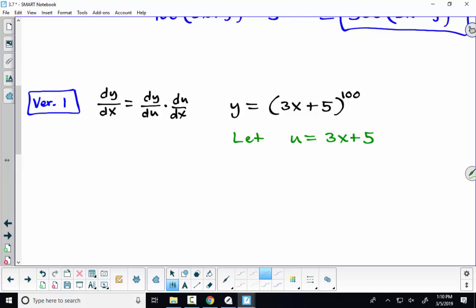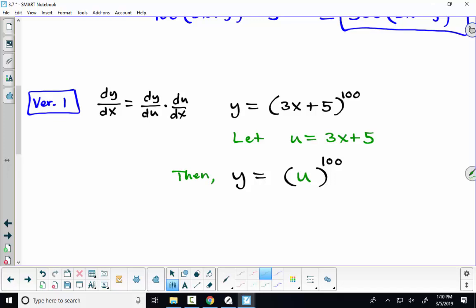And when we let u equal to 3x plus 5, y becomes u to the 100th. So then y is u to the 100th.